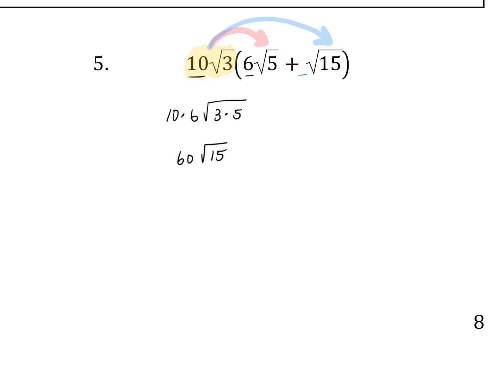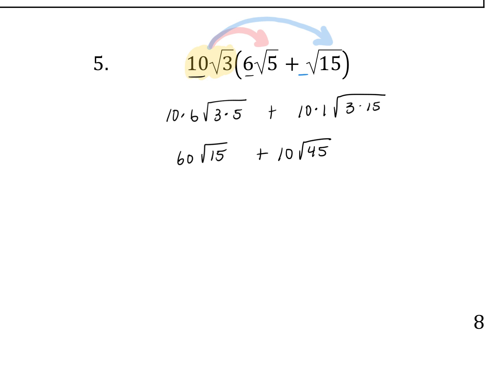And I'm going to get plus 10 times 1 square root, and then now I'm going to do my insides, 3 times 15. And if I simplify that, I'm going to get plus 10 root 45.